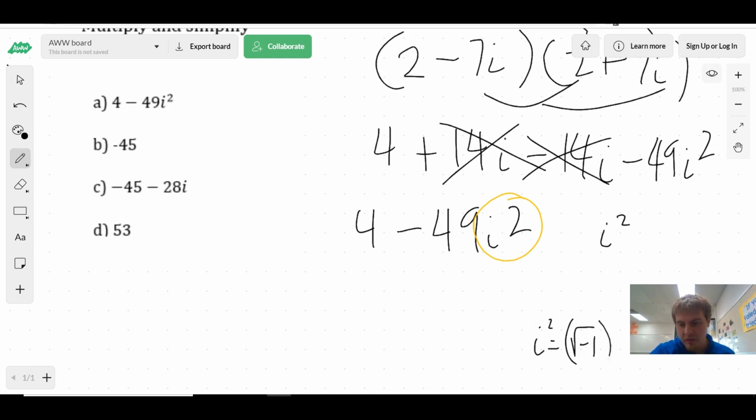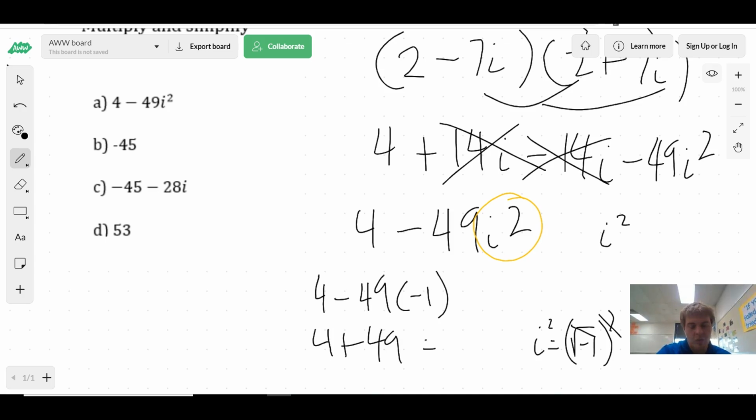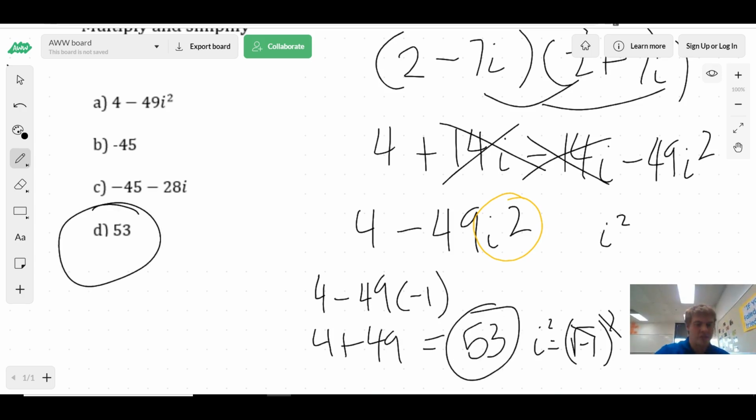So if you square that, these things cancel, and you're just left with -1. So really, this is 4 minus 49 times -1, which would be a negative times a negative is a positive, so 4 plus 49, or the nice simple answer of 53, which is D.